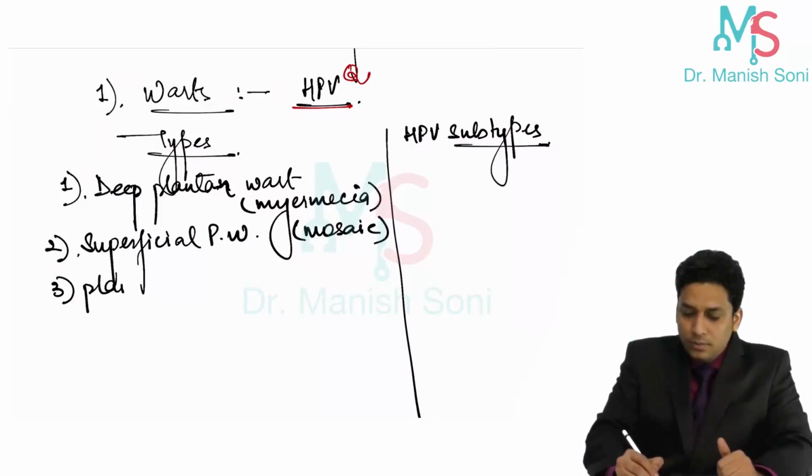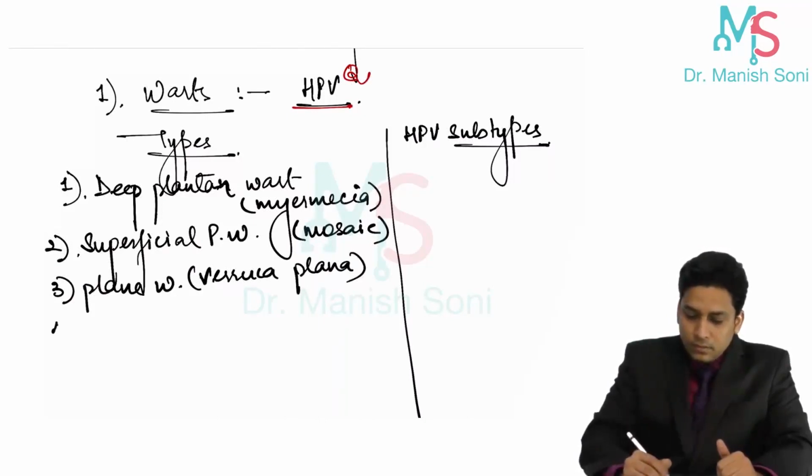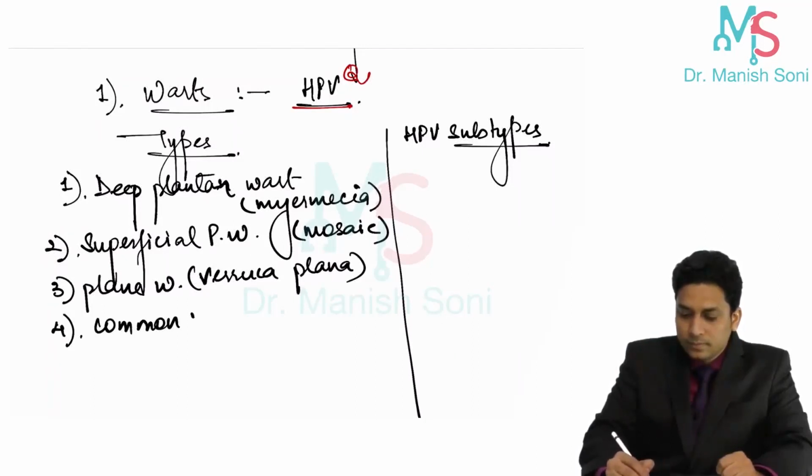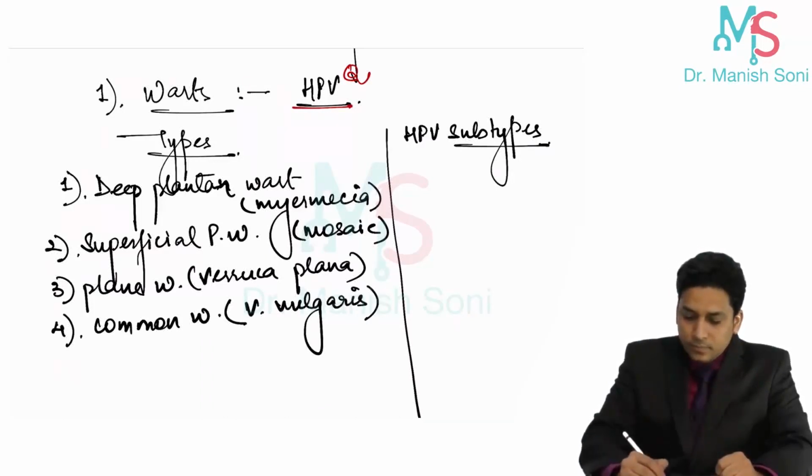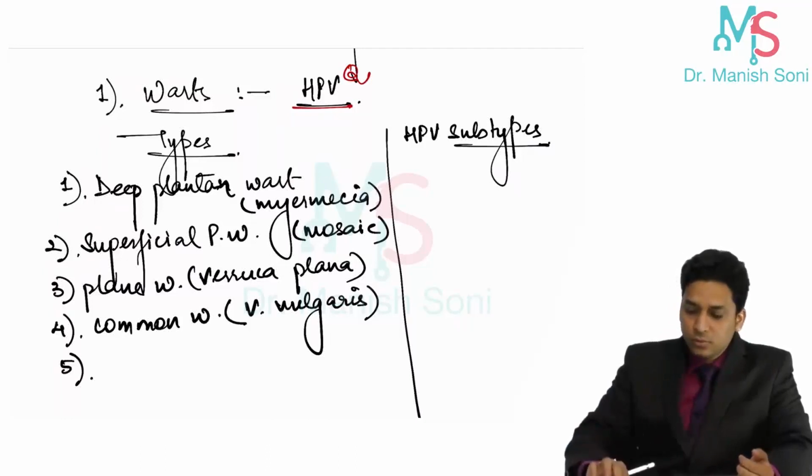Then plain wart, also known as verruca plana. Then common wart, these are known as verruca vulgaris. So vulgaris, as I told you, means most common.